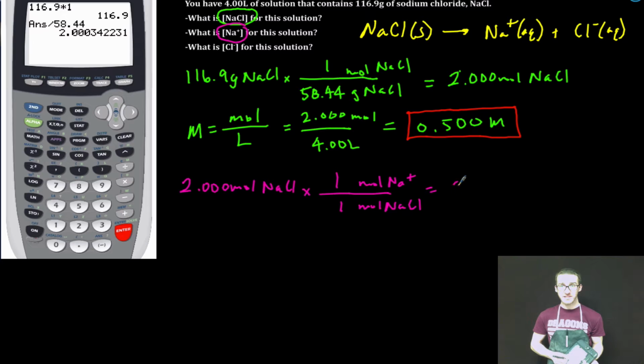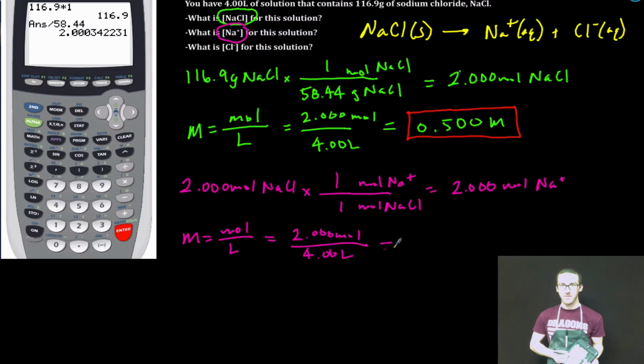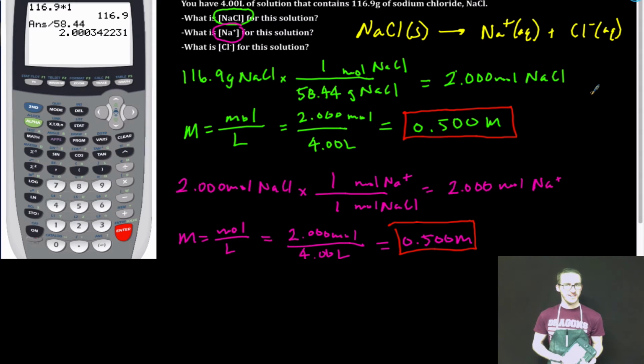So I must have added 2.000 moles of sodium ion. And keeping in mind the formula for concentration, that means that 2.000 moles of sodium ion in 4.00 liters means that my concentration of sodium ion is also 0.500 molar. Boom. But we're not done.